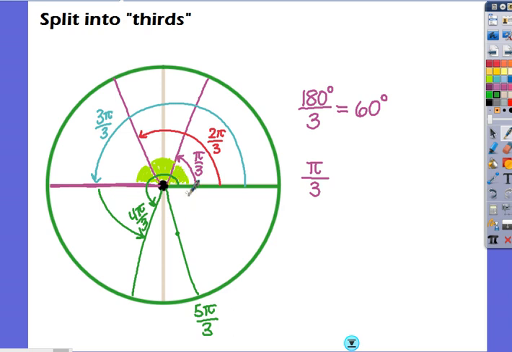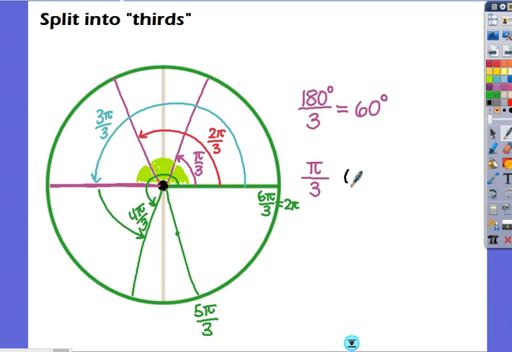And then if we made it all the way around, we split our entire circle into 6 pieces. So if we went all the way around, we'd be at 6 pi over 3, which reduces to 2 pi. So that entire 2 pi circle split into thirds would be increments of 60.